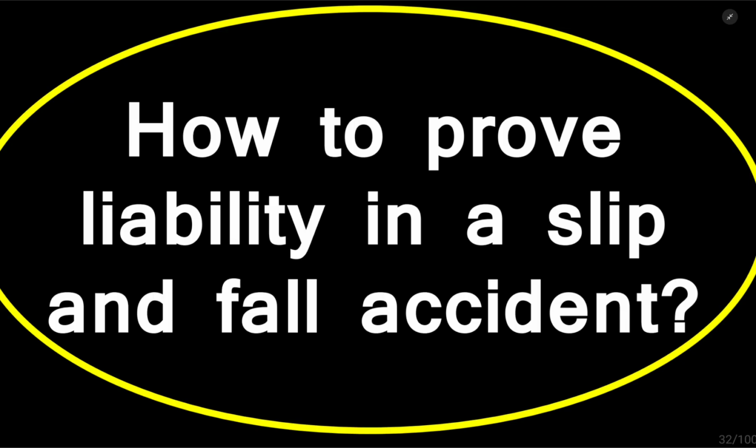Medical records: keep detailed records of any medical treatment received. Witness statements: if there were witnesses to the accident, ask them to provide a written or recorded statement about what happened. Maintenance records: if available, obtain records showing how often the area was cleaned or maintained. Explain that this evidence is essential for building a strong case.